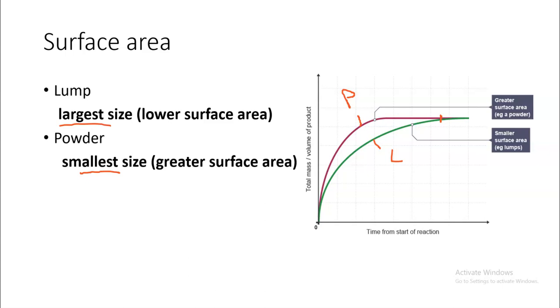The smaller the sizes, the faster the movement, and the more the movement, the more the effective collisions. So for powder, smaller size, more surface area, more particles will react together, and more effective collisions. For lump, larger size, lower surface area, fewer particles will be around each other or reacting. Therefore, you will expect fewer effective collisions.